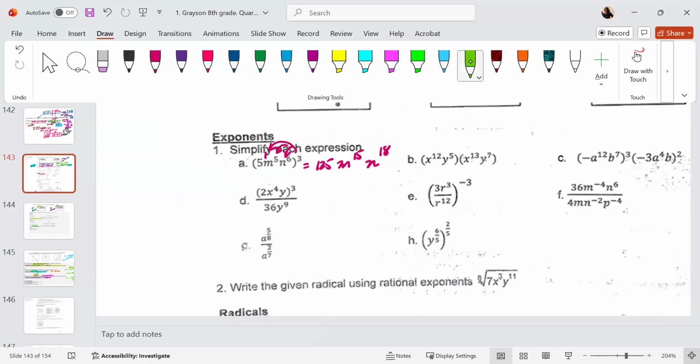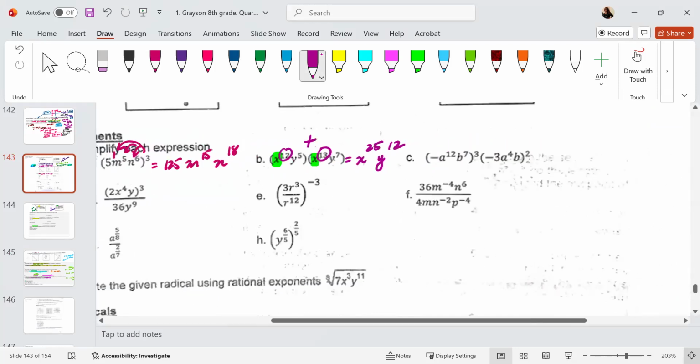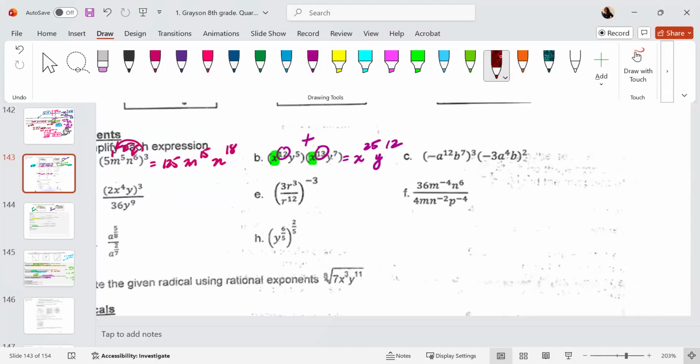For B, do you see how there are 2 bases here? When there's 2 bases, you take the exponent, you add. Do you remember that? So it's x to the 25, y to the 12. C, negative times a negative is now a positive. It's a 3. A 12 plus 4 is 16.